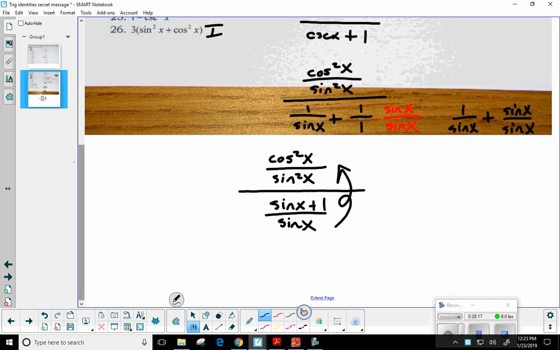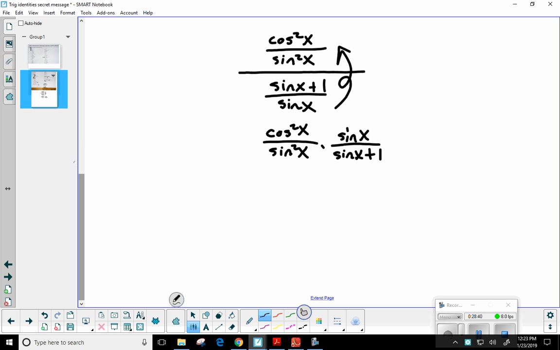So I'm going to have the cosine squared of x over the sine squared of x times sine of x over sine of x plus 1. Is everybody okay with what I did? Okay. So now what? Okay. So I can cancel out one pair of sines. Okay. Now, I think I know where I would go from here, but where would you guys like me to go? Because I'm already seeing something that I can do to cancel.